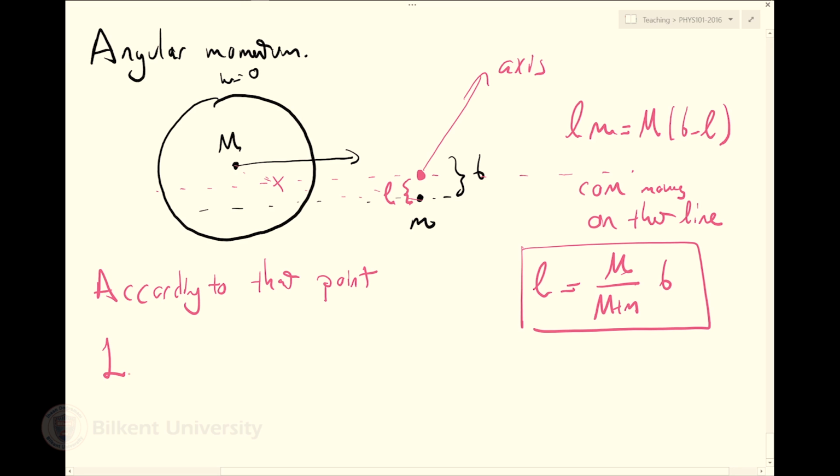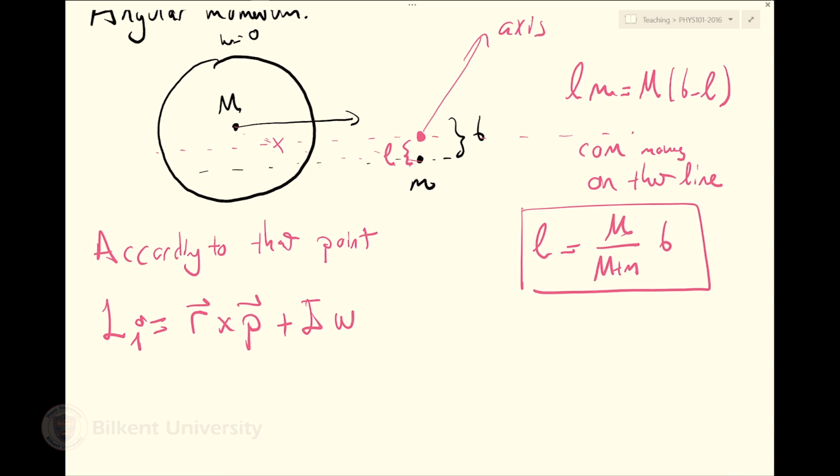So according to that point, what is my initial angular momentum? It's going to be R cross P plus I times omega, right? That's how I actually wrote the angular momentum of any object. But what is I times omega?